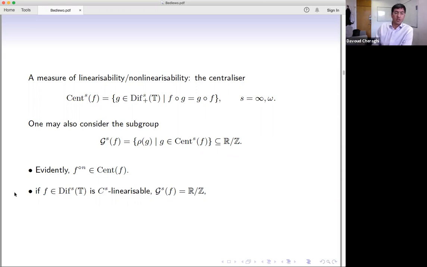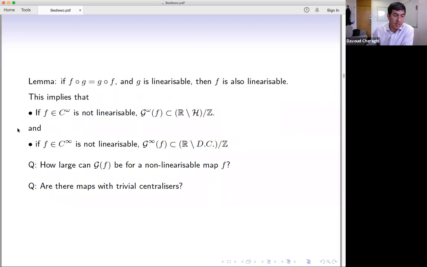So there is a very strong restriction on the group G, which I try to explain here. If F and G are two circle diffeomorphisms of some class, and one of them is linearizable, then the other one has to be also linearizable. This is not too difficult to see, because you basically take the linearizing map for G, and the same map will also linearize F. So it's a simple lemma that everyone can do. This has a consequence.